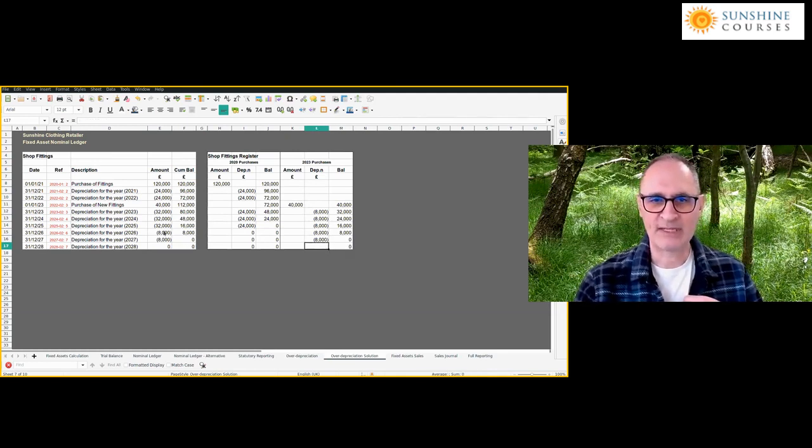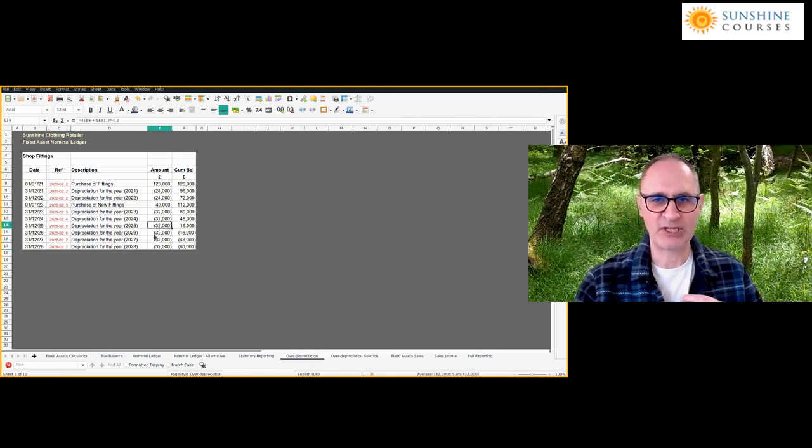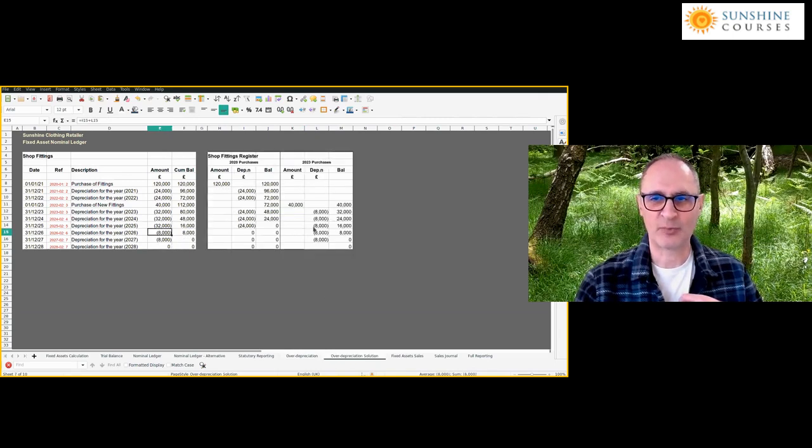But look what happens with this depreciation for 2026. If you remember when we over depreciated it, we were going to depreciate at £16,000. When we've solved the problem, we've stopped depreciating the first lot because we fully depreciated it. We only depreciate the second purchase of £8,000, and our depreciation schedule now gives us the correct figure.